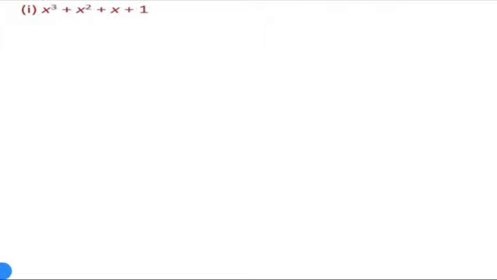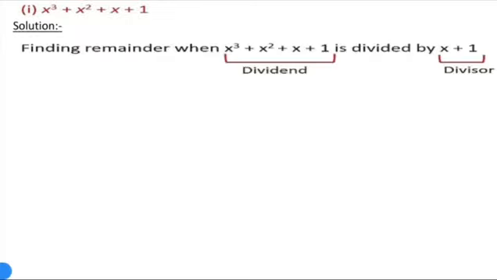So for that, write down the solution: finding the remainder when x cube plus x square plus x plus 1 is divided by x plus 1.